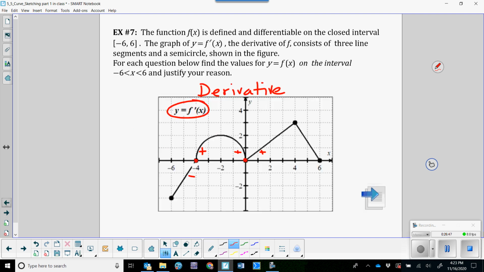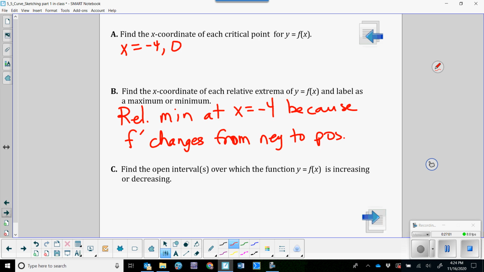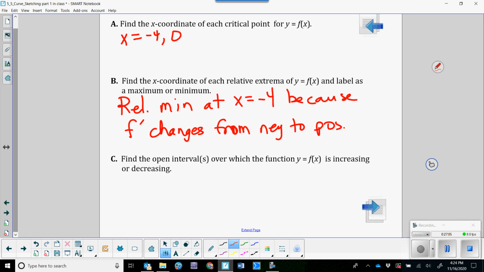Okay? Find the open intervals where f of x is increasing. If f of x is increasing, then this derivative would be above the x-axis. So that means it is increasing from -4 to 0 and then 0 to 6. Now remember, it's not above the x-axis at 0, so it's safer to not include that.